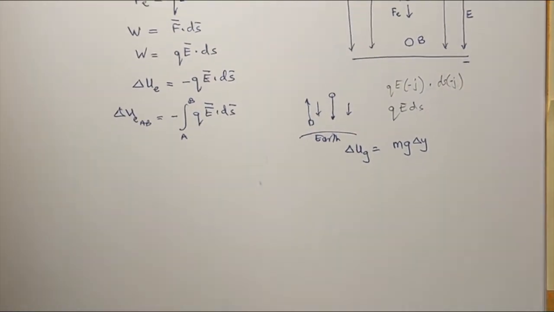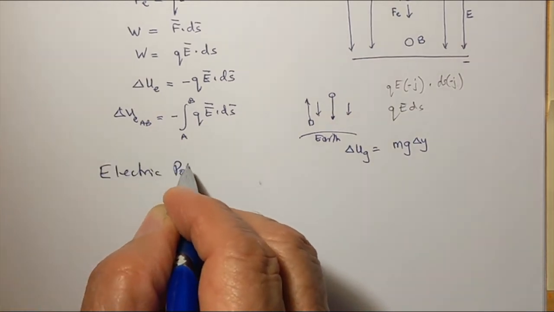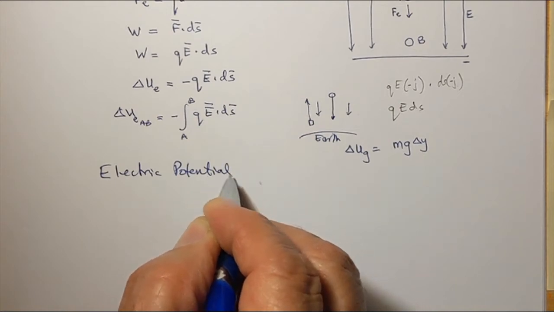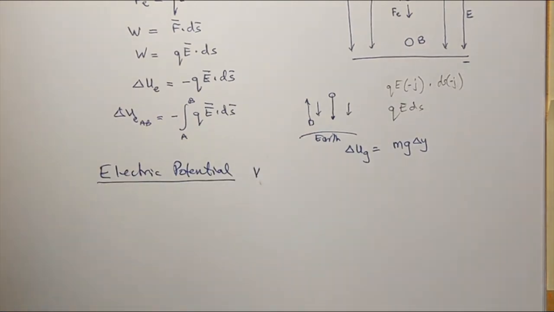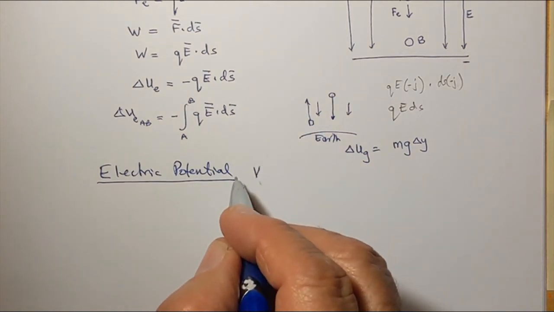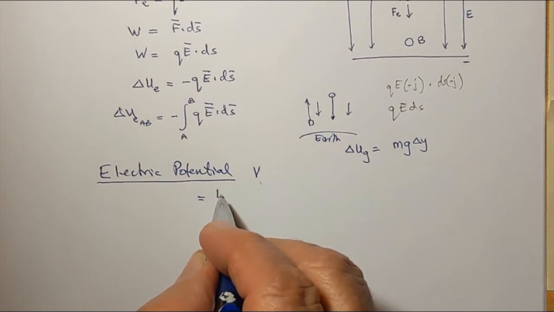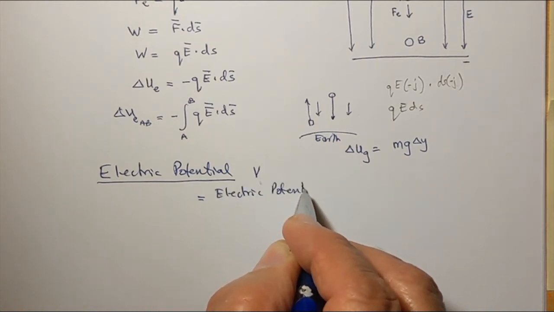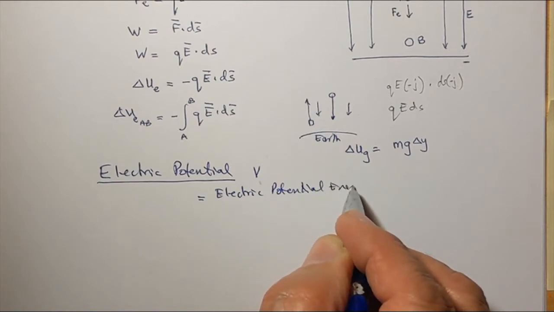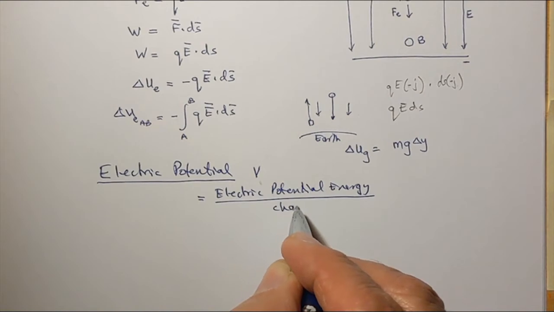Now the electric potential is written as a V. That's a symbol for the potential, and this is defined as the electric potential energy divided by the charge.